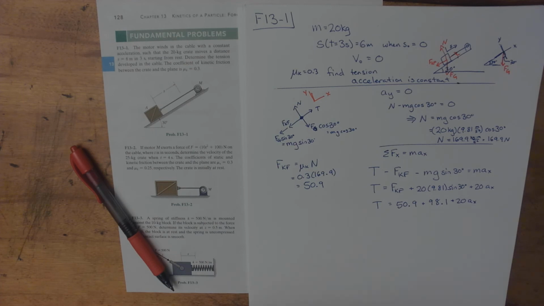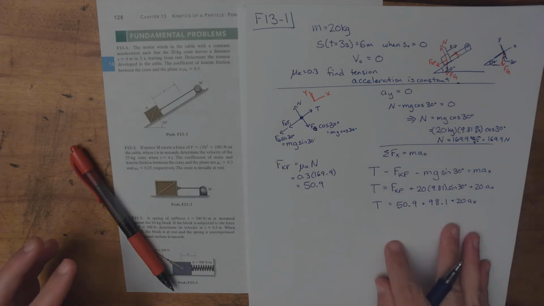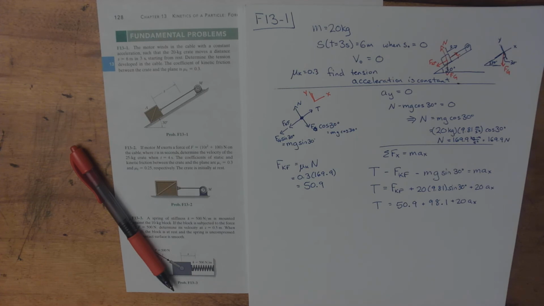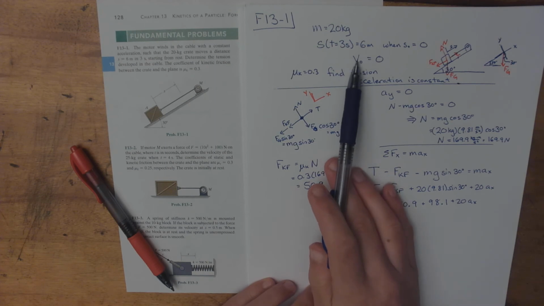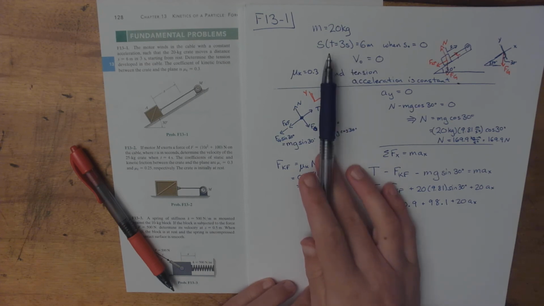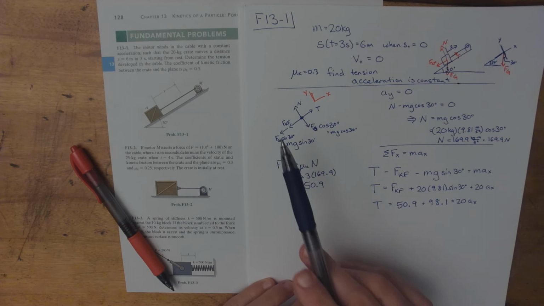Okay, now we've done everything that we can do using Newton's second law. We looked in the x direction, we looked in the y direction, but I still have an unknown in my equation here. But I haven't used all the information that they gave me in the problem because they told me that the initial velocity was 0 and the crate moves 6 meters in 3 seconds.